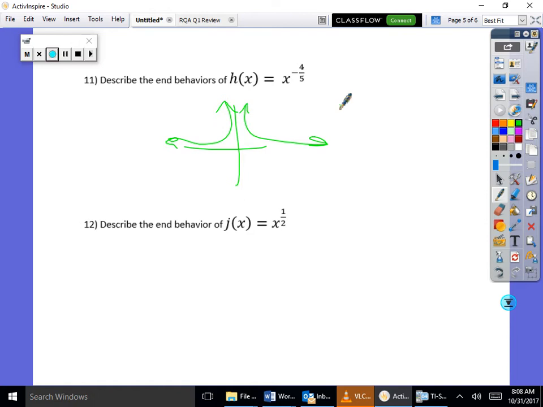So when I head out to negative infinity, where is my height going towards? 0. As I head to negative infinity, my height is heading towards 0. As I head to positive infinity, where's my y value, my height? 0. So both positive infinity and negative infinity head to 0 for this particular one.